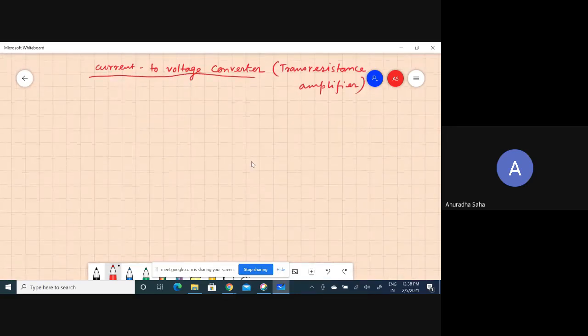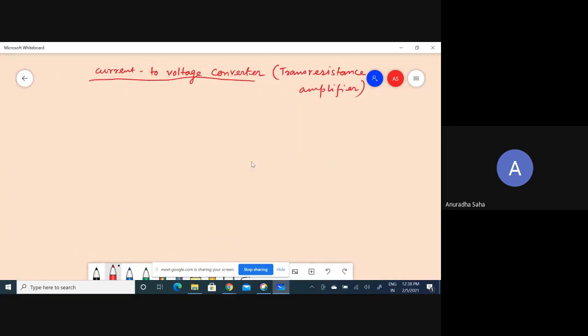But before reaching this conclusion, we first would like to observe how we can formulate the output voltage, because this is the current to voltage converter, so automatically the output signal must be the voltage one. So how can we formulate the expression of the output voltage?